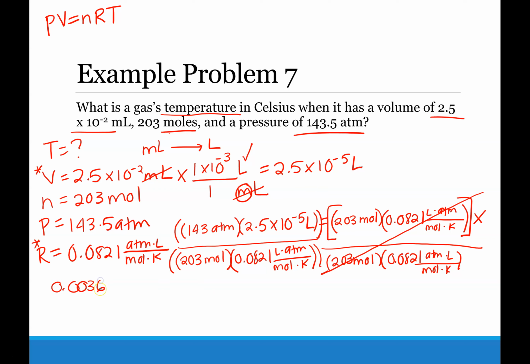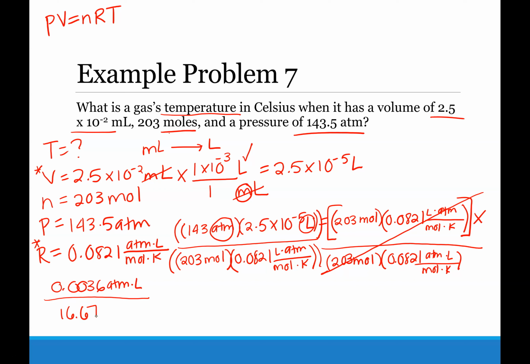The units don't go anywhere because when you multiply atm by liters, it becomes an atm liter. They don't cancel out. And so the denominator, 203 times 0.0821 equals 16.666, so we'll say 16.67.